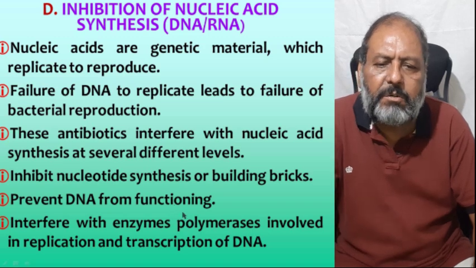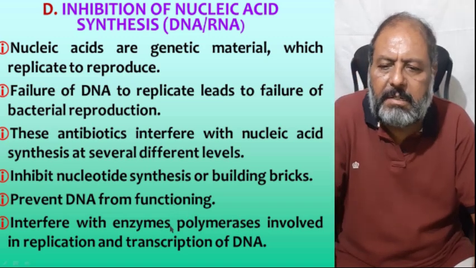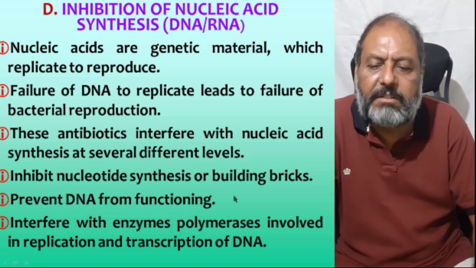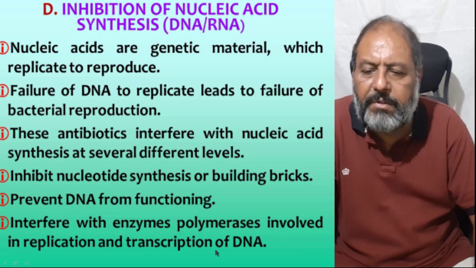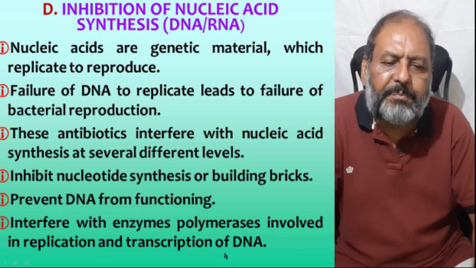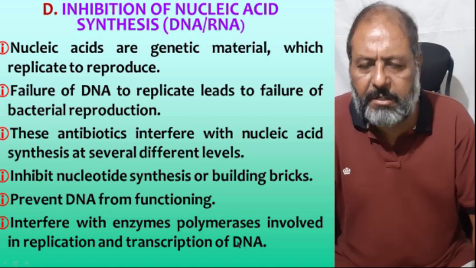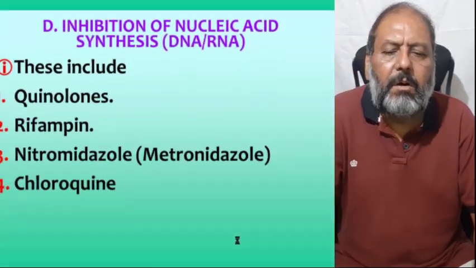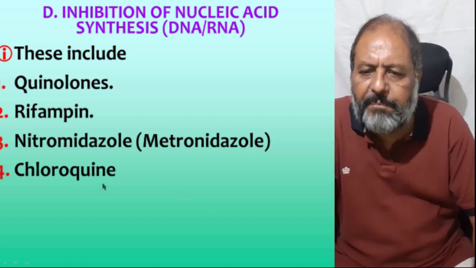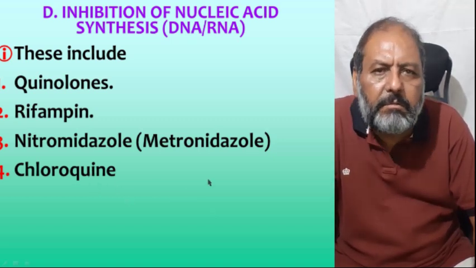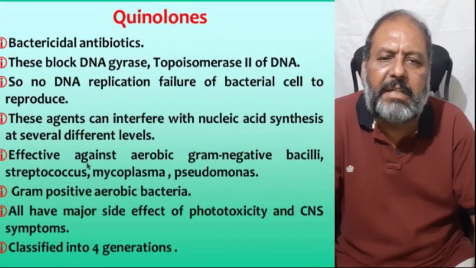They inhibit nucleotide synthesis, the building bricks of the nucleic acid, and they prevent DNA from functioning. They interfere with the polymerase enzymes involved in the replication and transcription of the DNA. So at different levels, these antibiotics inhibit the DNA or RNA of the bacteria. These include quinolones, rifampin, nitroimidazole, metronidazole, the Flagyl, and chloroquine used for malaria.